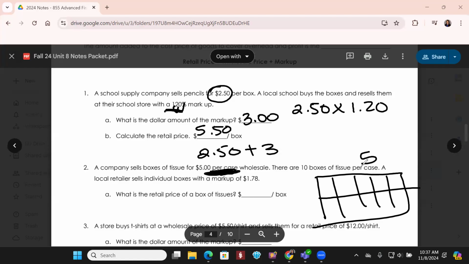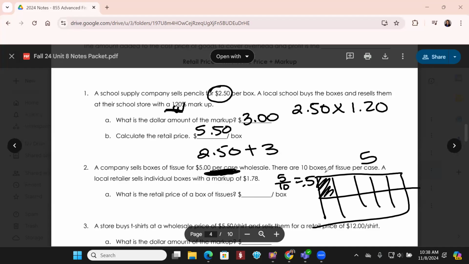How much is one box? If 10 is $5, how much is one? 5 divided by 10 gives us 50 cents. So each box of tissues is 50 cents.